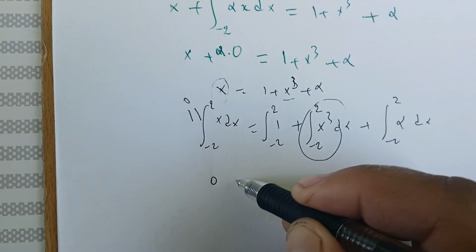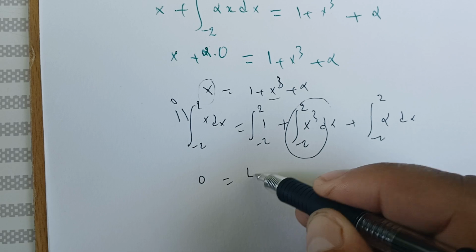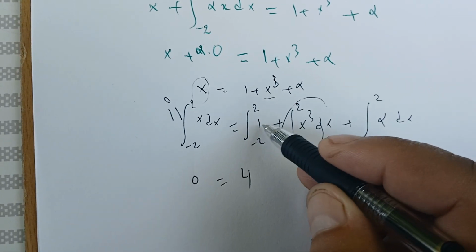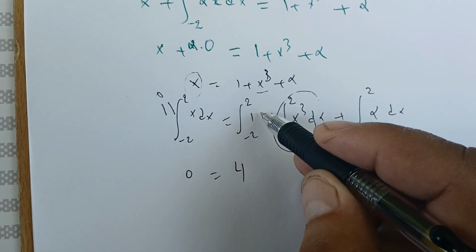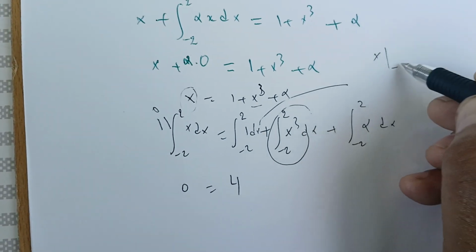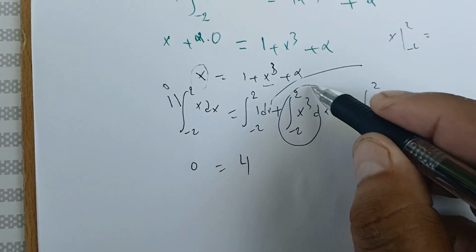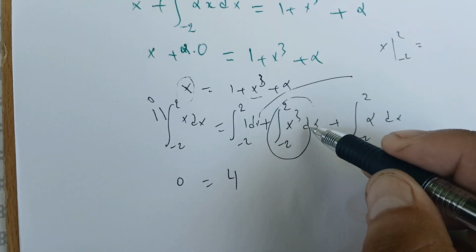This integral of 1 is 4, because when I integrate, I get x between -2 and 2, and when I evaluate, I get 4. And this one is 0 because this is an odd function.